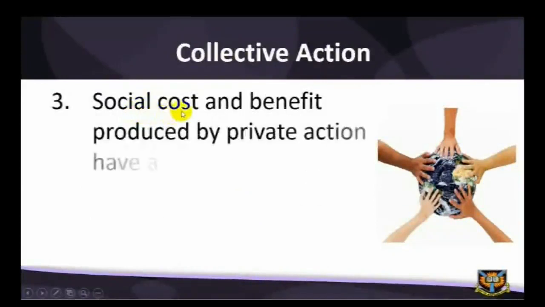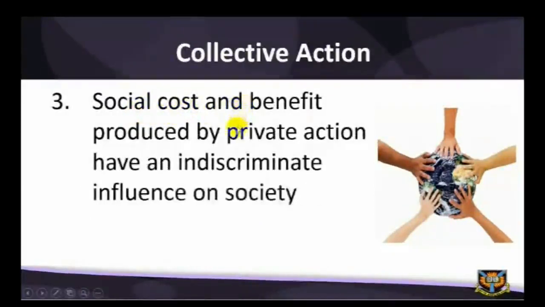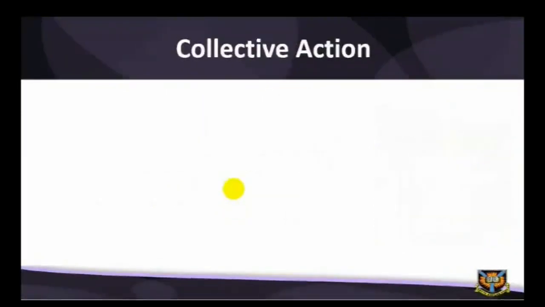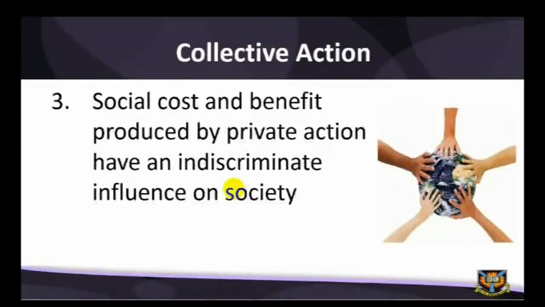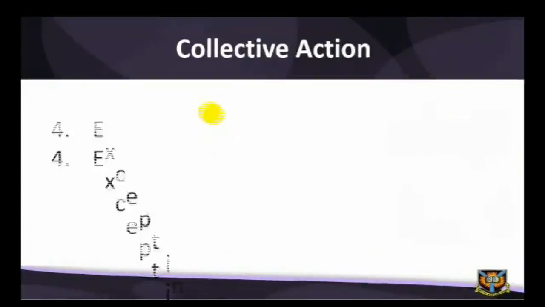3. Social costs and benefits produced by private action have an indiscriminate influence on society. In other words, the cost cannot be suffered by one and the benefits enjoyed by another. Any attempt to exclude another from the cost or benefits will almost invariably exclude everyone. 4.